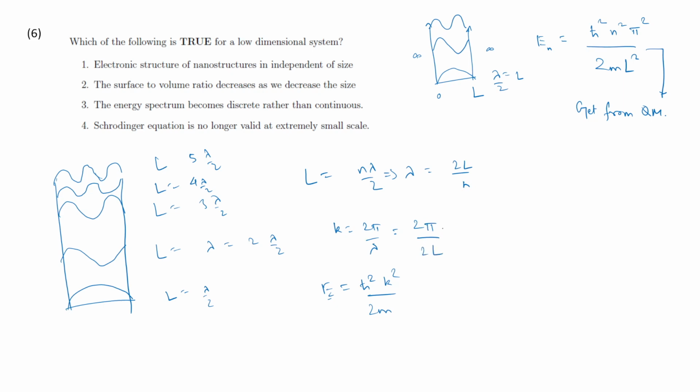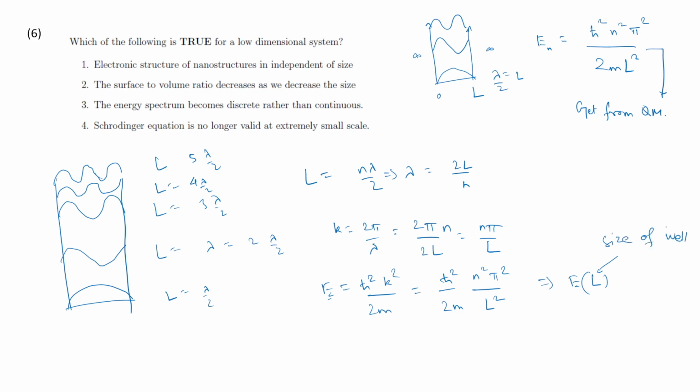So it is n pi by L. Now you put this K over here. So this is h bar square by 2m, and K square is n square pi square over L square. So E is a function of L, which is the size of the well.